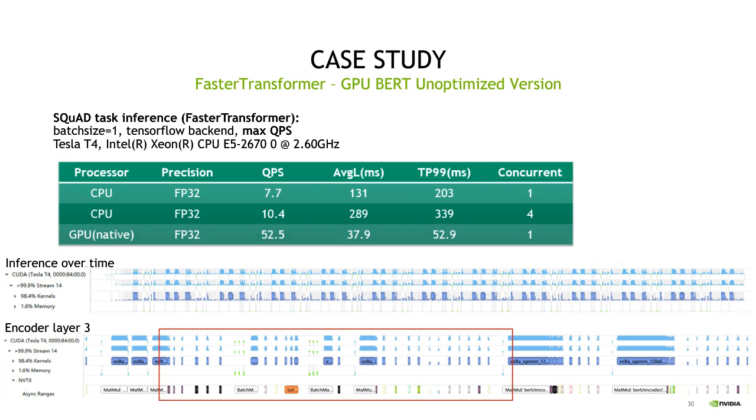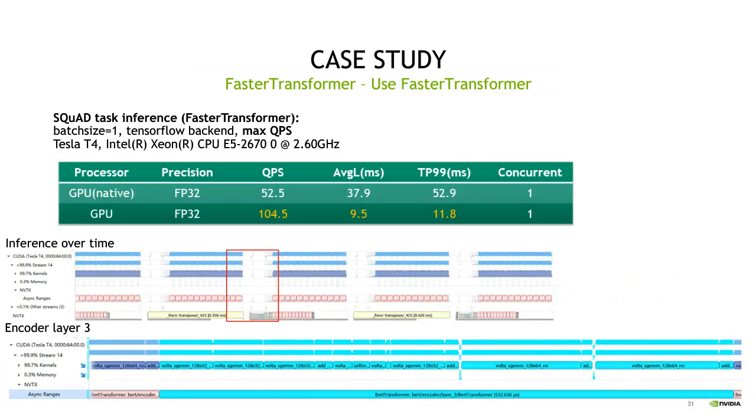The first one is using FasterTransformer. FasterTransformer tries to rewrite the compute-intensive ops to get them running on GPU efficiently. So the QPS can be raised from 50 to around 100, and the latency is dropped to around 10 milliseconds.